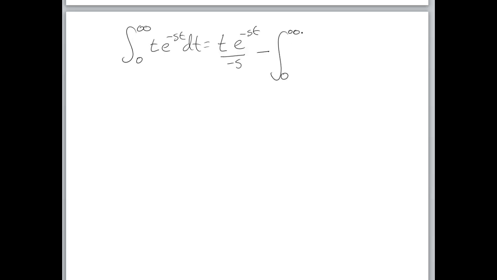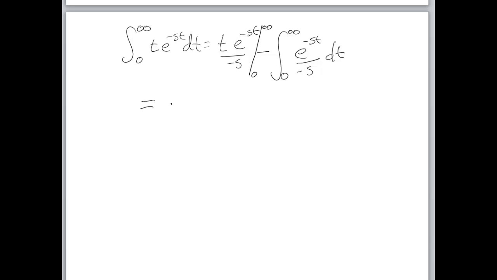And now this is minus the integral from 0 to infinity of v times du. So v is e to the minus st divided by a minus s, and du is dt. Well, I forgot this first term is evaluated from 0 to infinity.